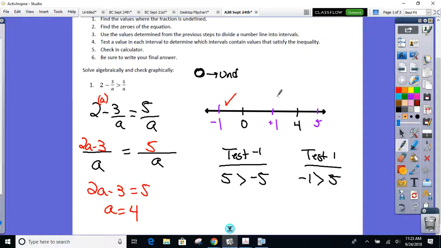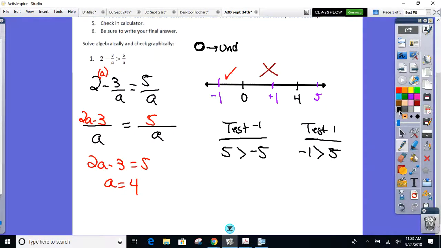Nope. So that's a big old X. That's not going to be part of the solution. And then what about 5 now? So go ahead and test 5. And as you're starting to see, yes, these are going to take a while. So let's test 5.